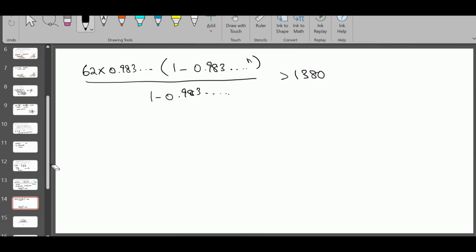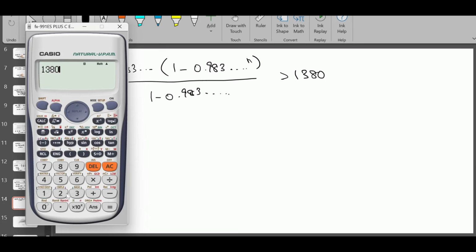Now we need to make n the subject. Okay, first of all, we can bring this to the multiplication numerator and this to the denominator. So 1380, I stored the value as B, I guess. Yeah.